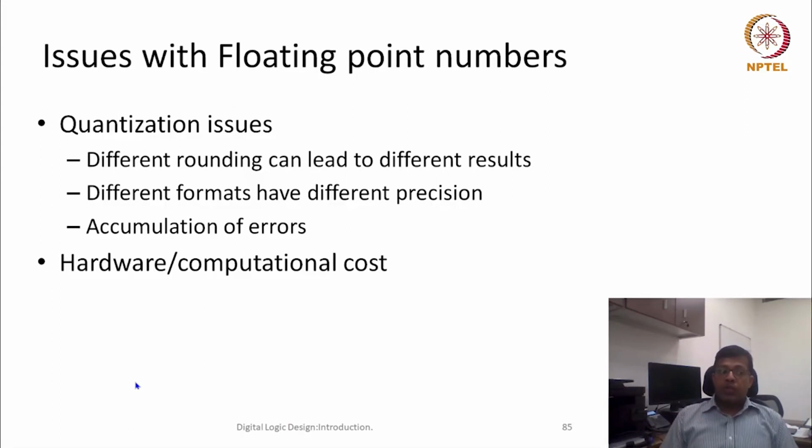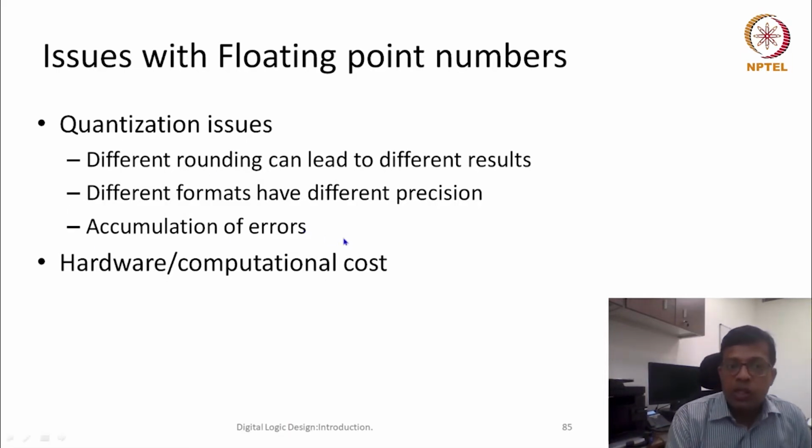That's why many times we prefer to use double precision numbers if the error should be very small. This is called quantization error, because we are trimming, we are saying that we cannot represent anything smaller than this number. So whenever we have quantization and accumulation is happening, then instead of single precision we go for double precision, so that the amount of error can be reduced.